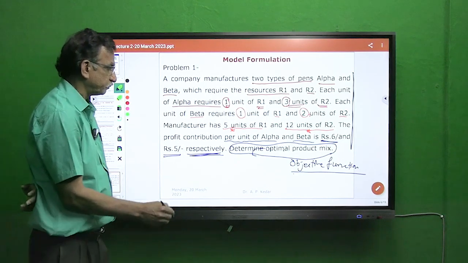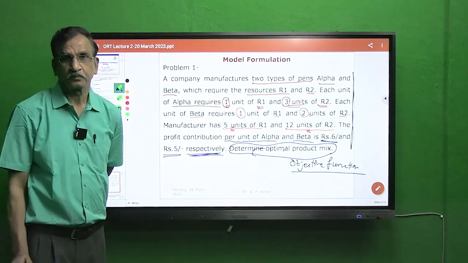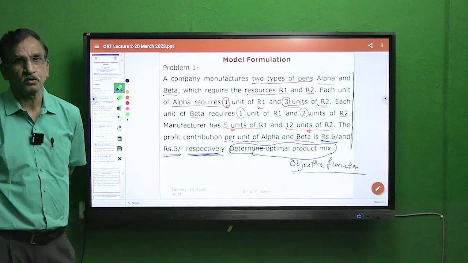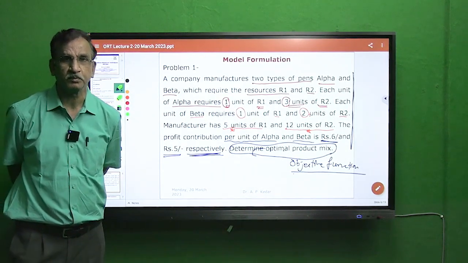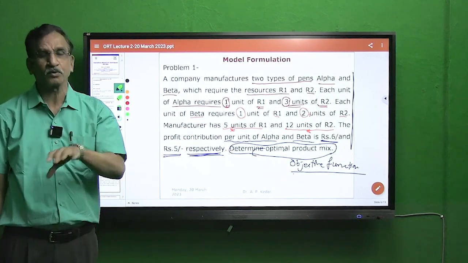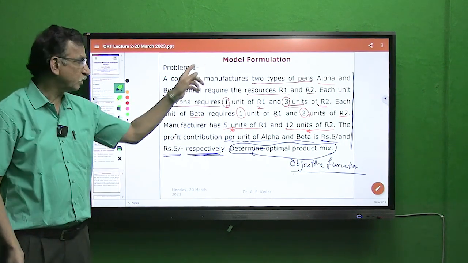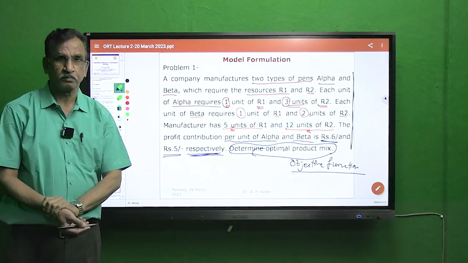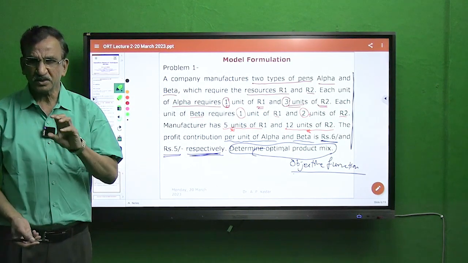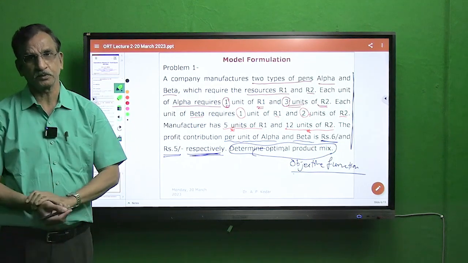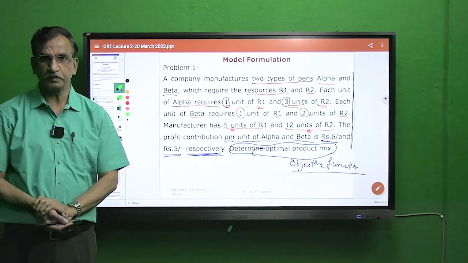Now here, can you tell me what should be the objective function? What will be the objective function in this problem from the operations research linear programming point of view? Looking at the wordings given in the problem, can you just guess the objective function in this particular problem? Anybody?